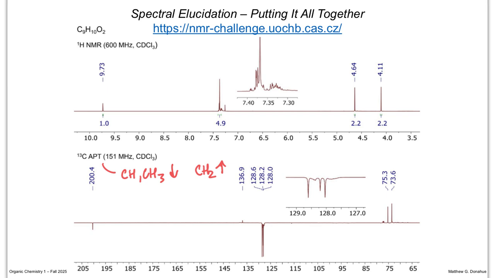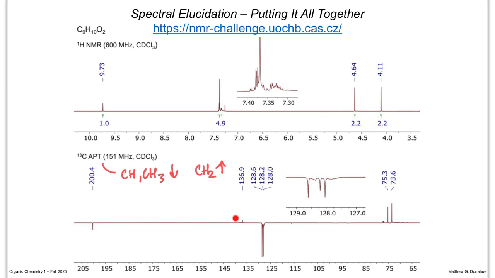I have one addendum to the item here. See this little blip here? Because this is APT, it is showing you all of the carbons. So that little blip has no hydrogens attached. See how it's up?